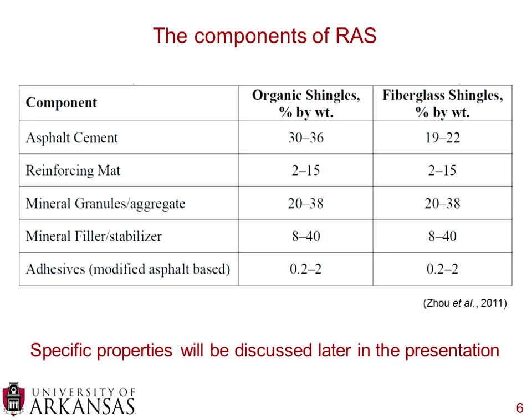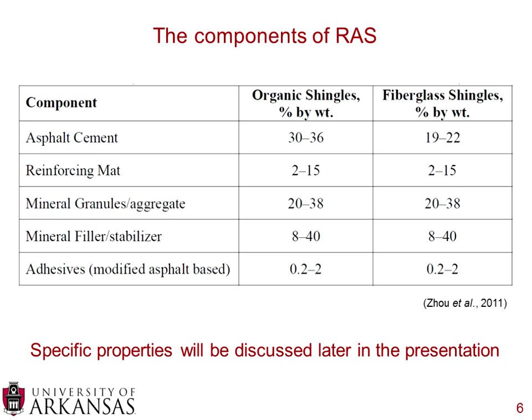The reinforcing mat for organic shingles is approximately 2 to 15% by weight. So this is the material that's underneath the shingles that you can see, and that's the same for fiberglass shingles.